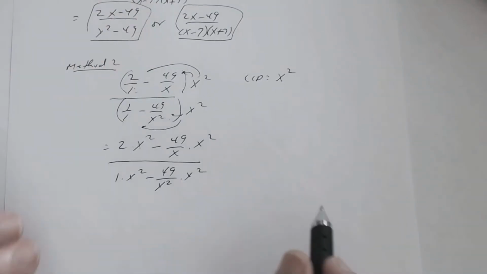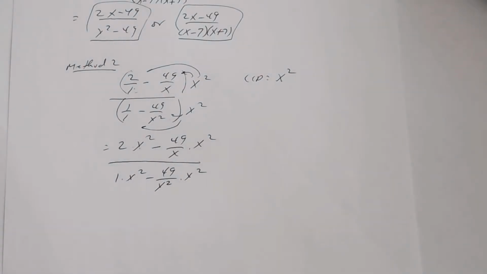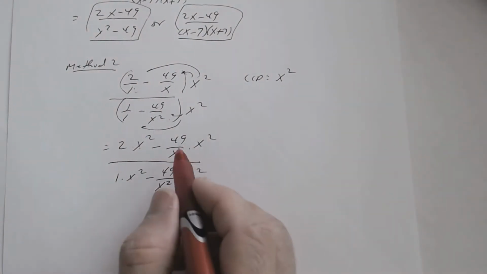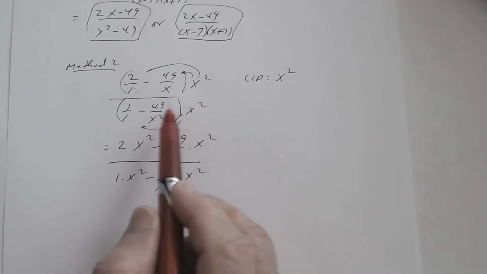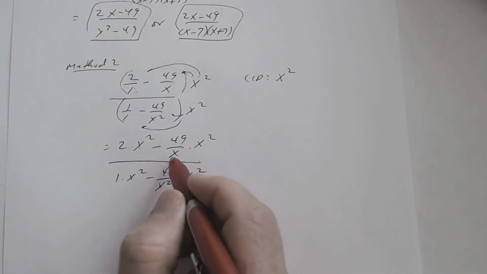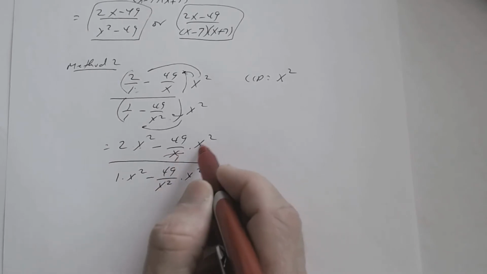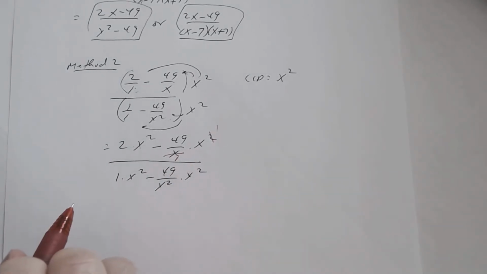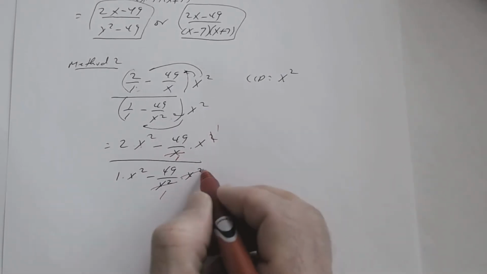Okay? And so let's go ahead and reduce. Notice that the whole purpose of multiplying by the LCD is to get these denominators to be 1s. And I can, because look, x and x is 1, x and x squared is just one factor of x. Over here, both these x squareds divide out.